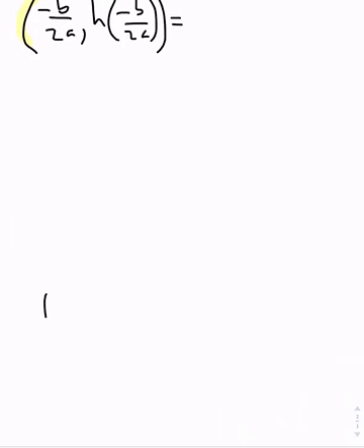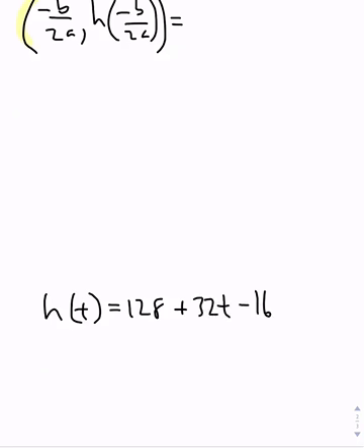Remember the function is h of t is equal to 128 plus 32t minus 16t squared. So I'll just put that down there so we can refer to it. So b is 32 and a is negative 16. Remember, b is the coefficient of the middle term and a is the leading coefficient.